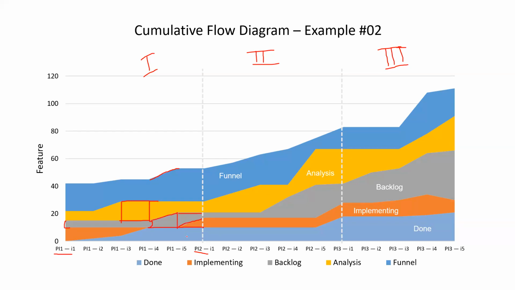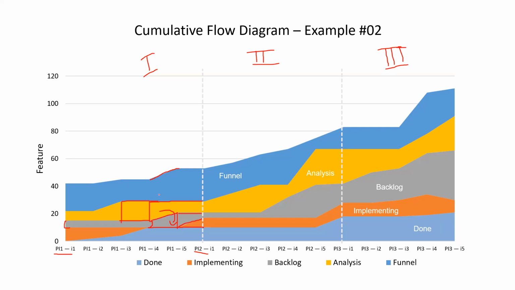And the analysis is also slowly decreasing, starting from PI to I1. The reason is the issues got moving from analysis to backlog. Correct. What else? But at the same time, there is no movement from funnel to analysis from I4, I mean to say from I3 to I1.